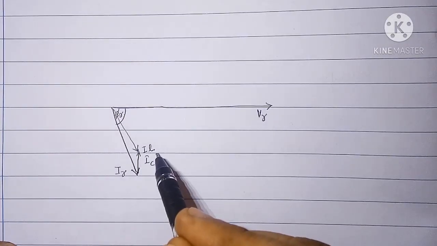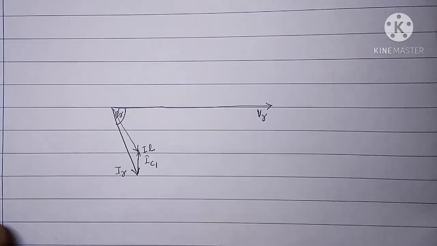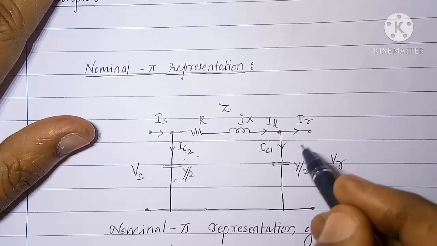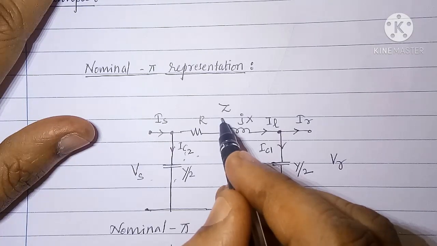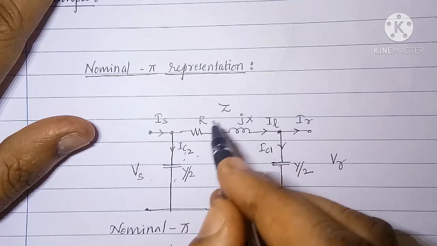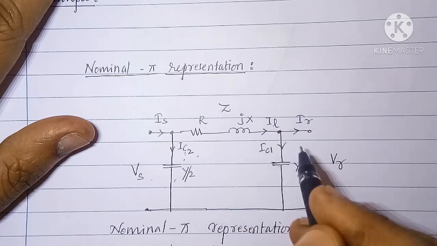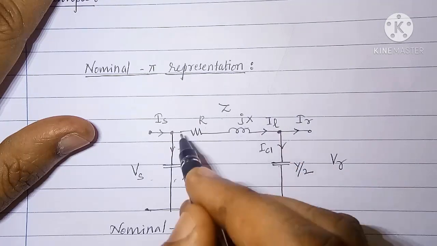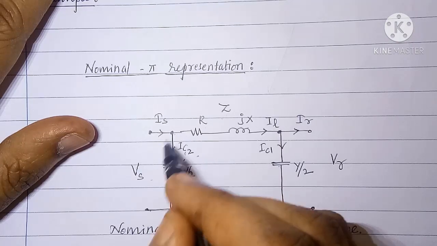Once I get IL, I can calculate what is Vs, because Vs is receiving end voltage plus drop in impedance Z, but Z is R plus jX. Therefore VR plus IL into the bracket R plus jX will give me voltage at this point. The voltage at this point is nothing but Vs.